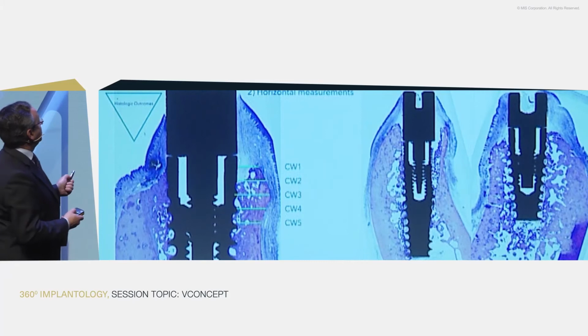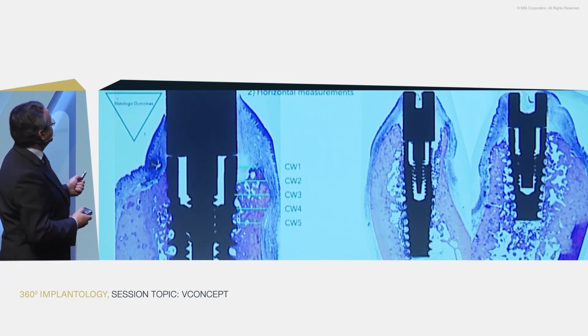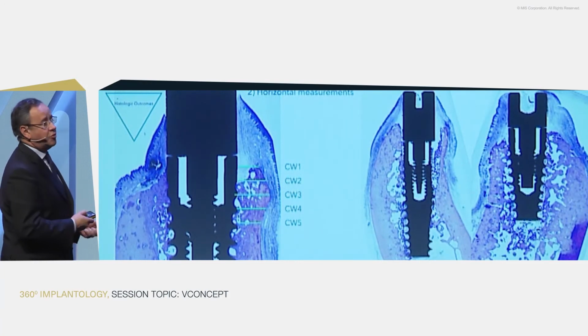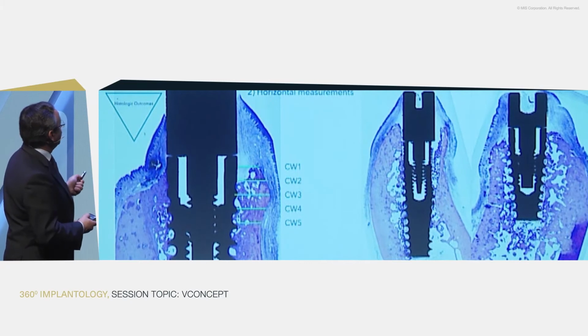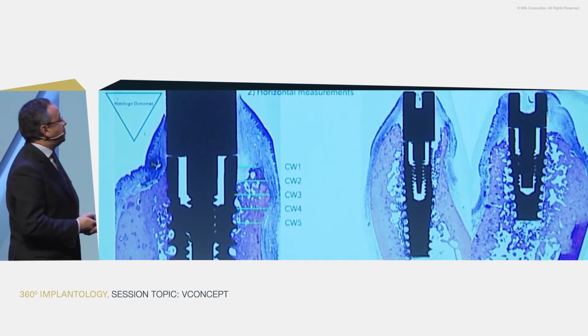And we have done measurements at the crest, 1 millimeter, 2 millimeters, 3 millimeters, and 4 millimeters below the crest. So you can see whether the impact occurs more coronally or more apically.